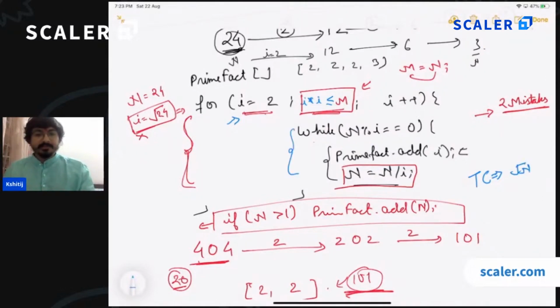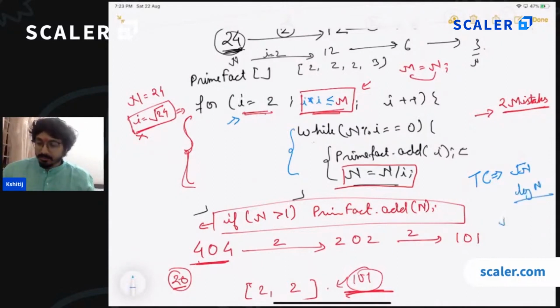Then the second loop is going to run for how many times? We are dividing the number n by i every time in every iteration. So how many times is the second loop going to run? The second loop is going to run for log n time. So what should be the time complexity?